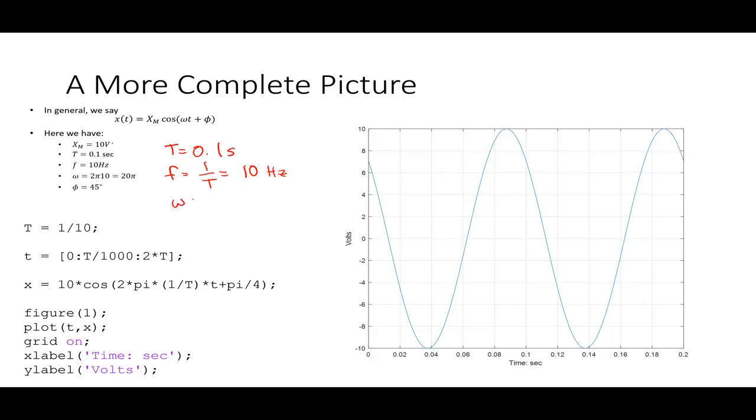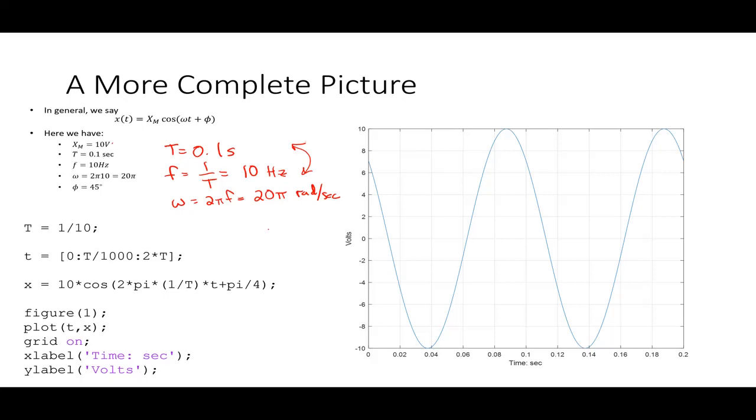And I said that omega then is 2 pi f, which puts this guy at 20 pi radians per second for his angular frequency. Almost never do we talk about angular frequency. Typically engineers talk in terms of hertz or period potentially.